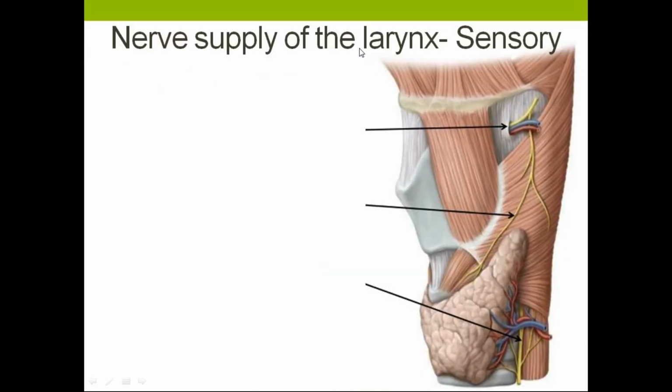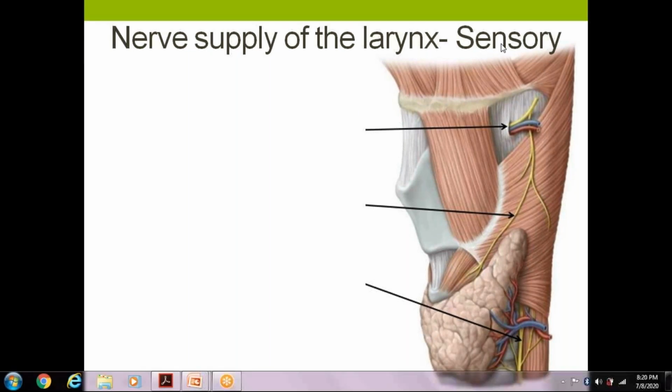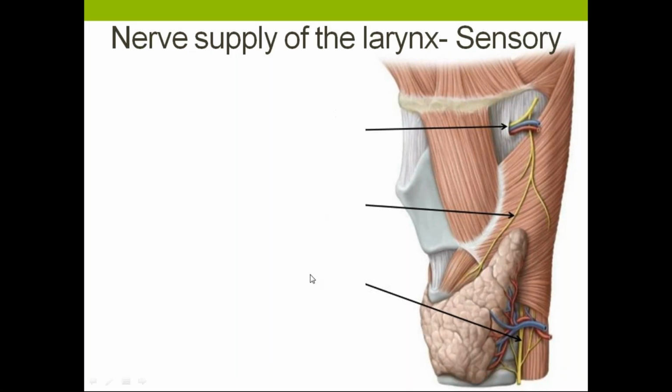We'll go on to the next, nerve supply of the larynx. In the previous session, we have seen the motor nerve supply of the larynx. Now we are going to see the sensory nerve supply of the larynx. It is divided into 2.